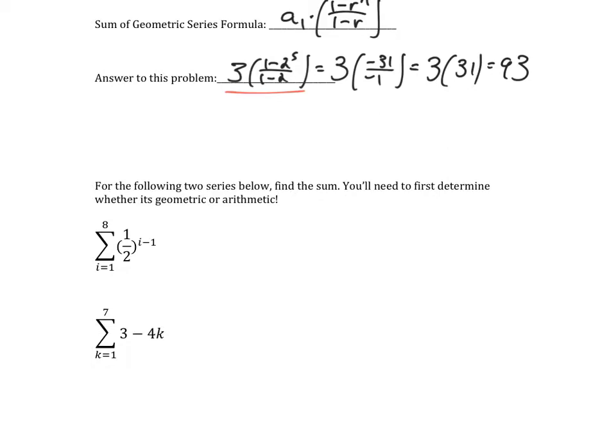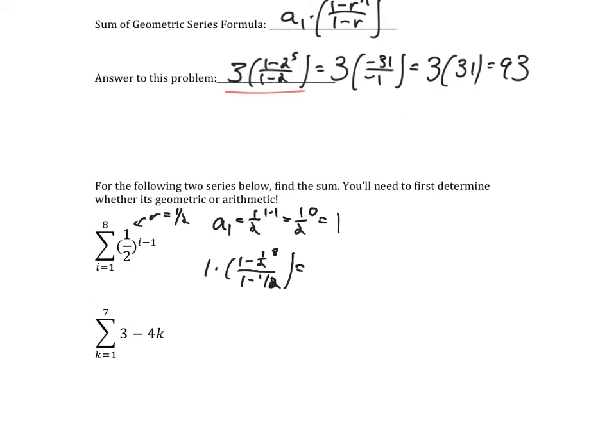A couple things maybe to think about before you jump right into the formula is that r is equal to 1/2. And then maybe to find the first term, a sub 1 equals 1/2 to the 1 minus 1, or 1/2 to the 0, which is equal to 1. So my formula would be a sub 1, which is 1, times 1 minus 1/2 to the 8th, over 1 minus 1/2.